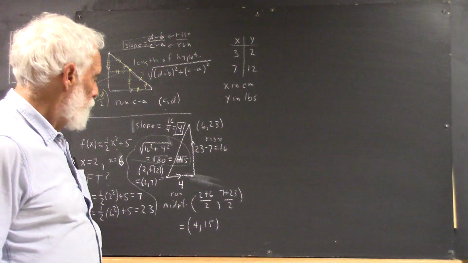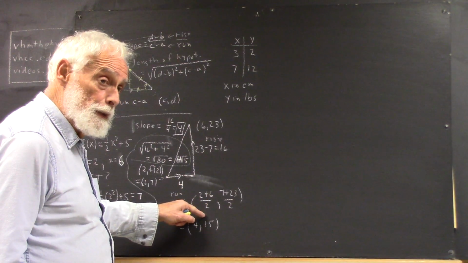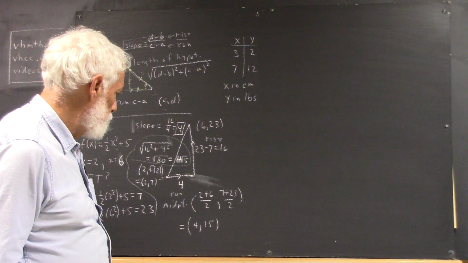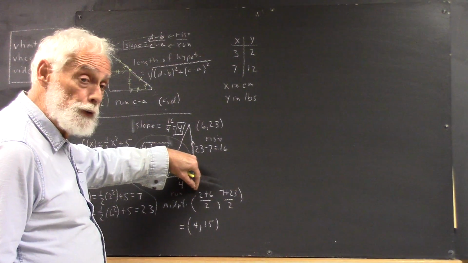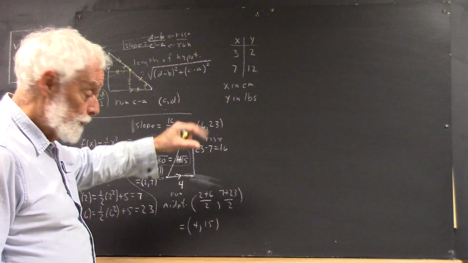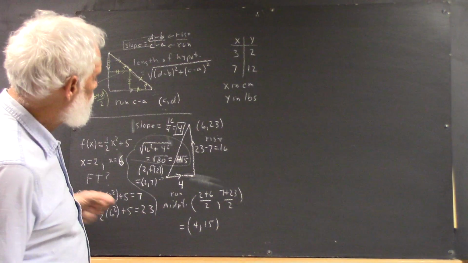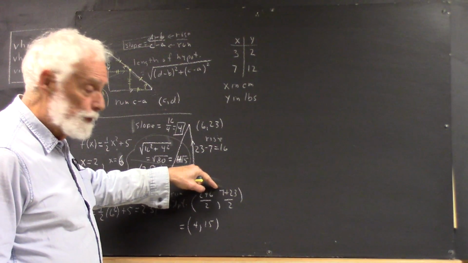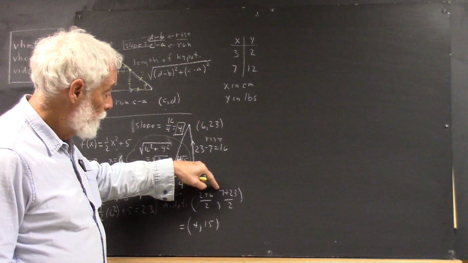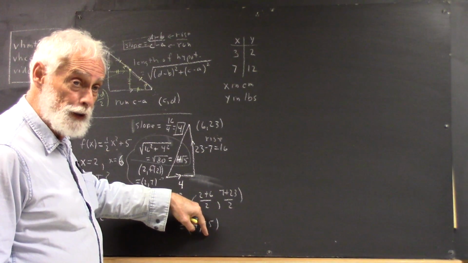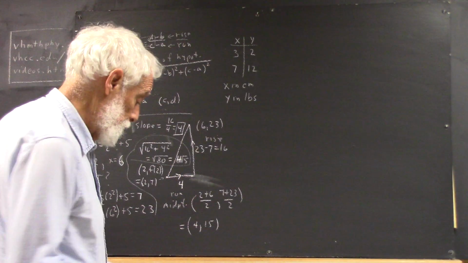Now it's clear that 2 plus 6 divided by 2 is 4, and that 4 is halfway between 2 and 6. That should be completely obvious. It's not as obvious that 15 is halfway between 7 and 23, but 15 minus 7 is 8, and 23 minus 15 is 8, and that shows that it is halfway.